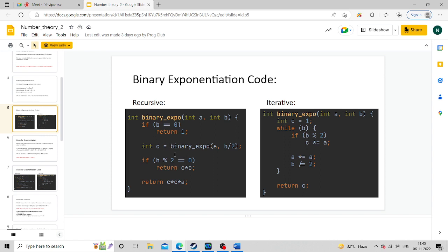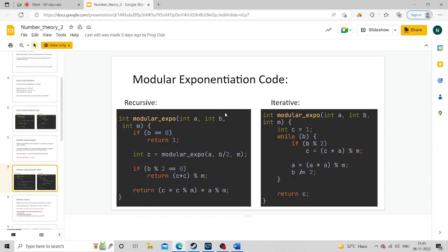It is exactly the same. Only here they have taken the remainder modulo m. So basically you need to find something modulo m. That's all. Rest everything is the same. If you have understood binary exponentiation, everything is the same only. You compare the code. The exact same code is there.